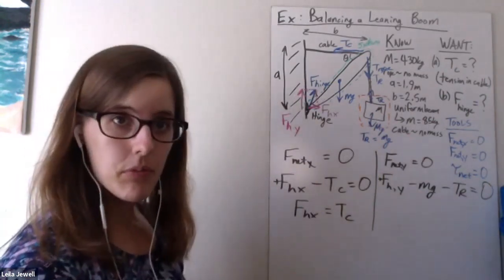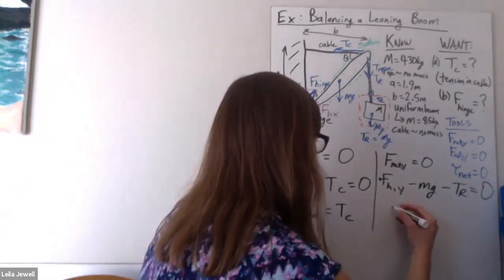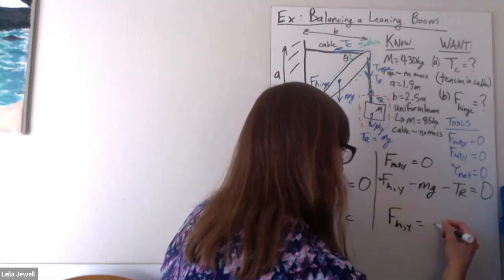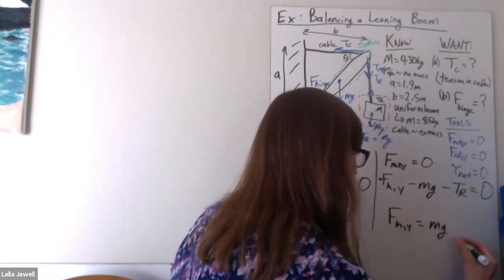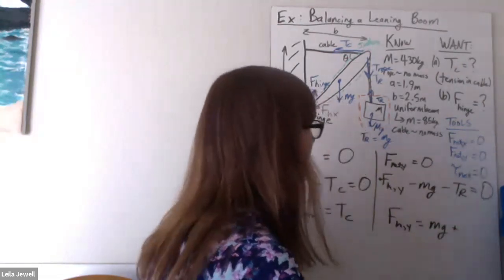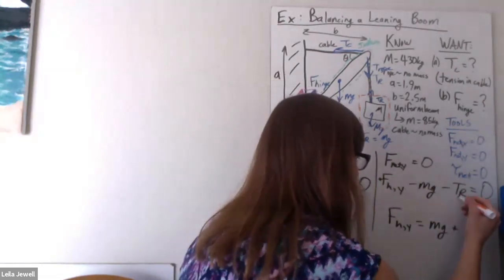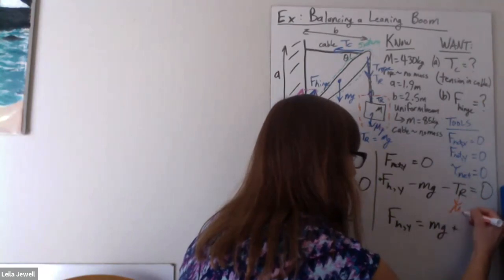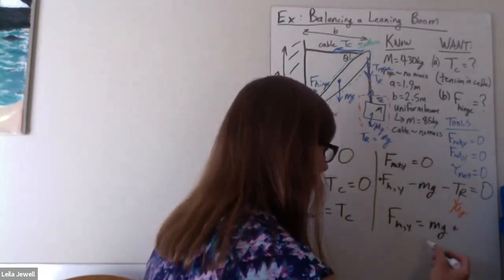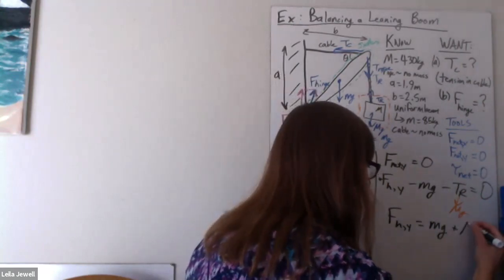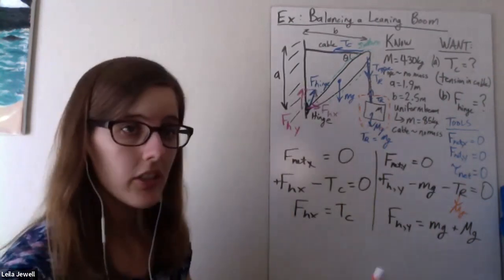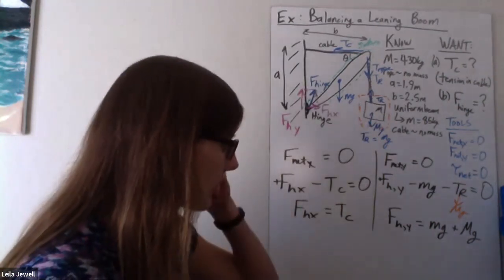So this gives us some more information, right? F of the hinge in the Y direction has to be equal to little mg plus TR, which we remember is also equal to, from the work in orange, just big mg. So the vertical force of the hinge is equal to the weight of the beam plus the weight of the safe.